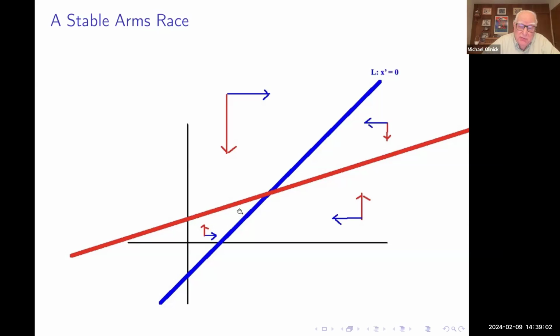Starting in this region, we move towards the stable point, and starting here, we move towards the stable point. So no matter where we begin, over time we approach this point of stability, the equilibrium point for the system, where both derivatives are 0, and we would have an arms race which approaches a constant level over time.